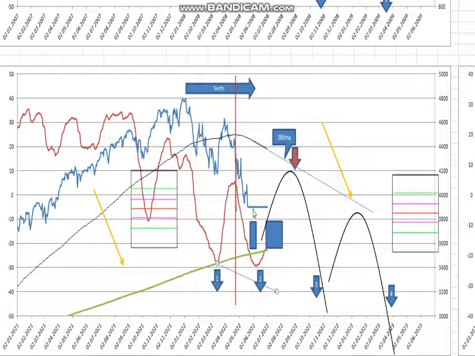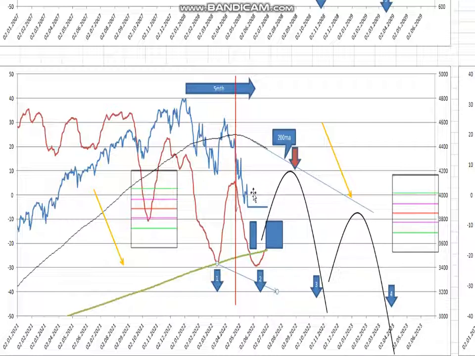So I do expect, if I'm correct about the overall situation, we should see the S&P going lower to make a lower low in momentum here. But exactly how? Will it happen quickly? Will we make a bigger bear flag here, a bigger bounce?